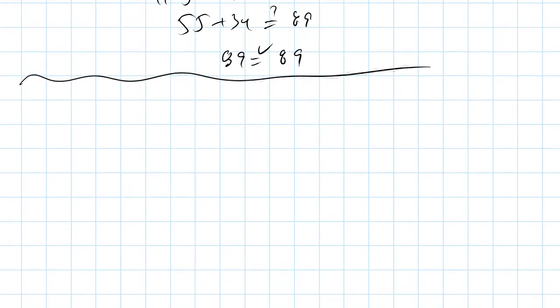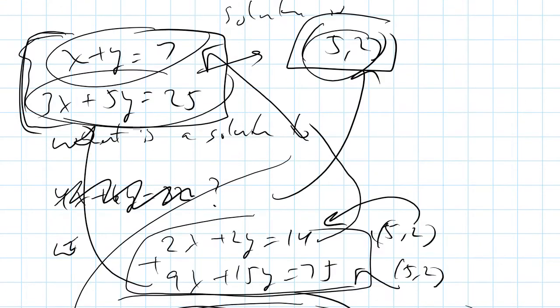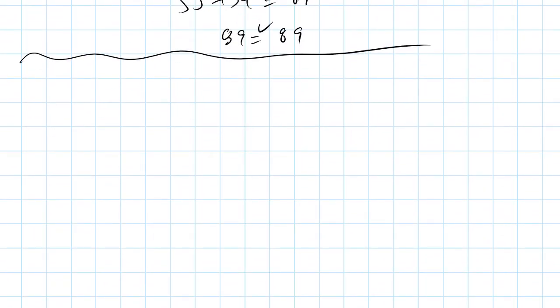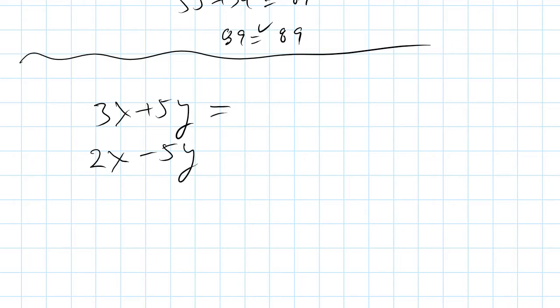Well, I could put it off for day 7. Maybe I'll tease a hint here. Let's say the answer is 5, 2. So 15 plus 10 is 25. 10 minus 10, let me make it 5, 3. 15 plus 15 is 30.